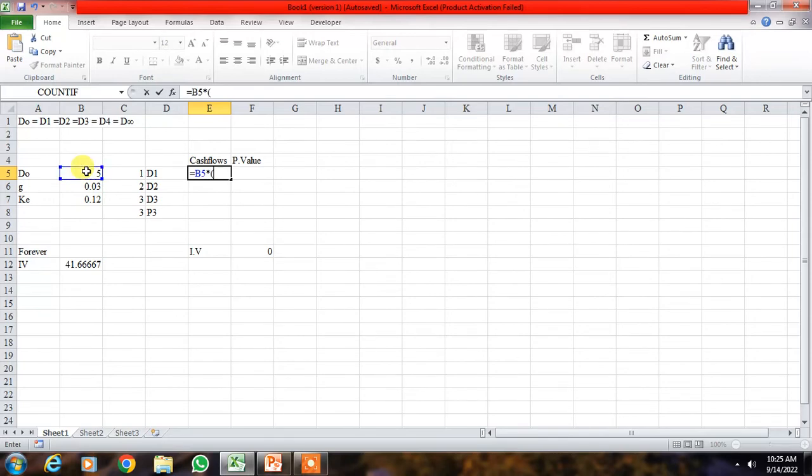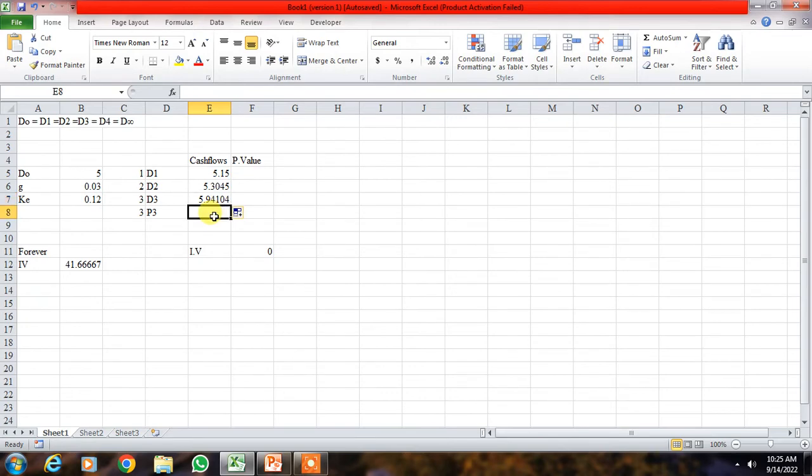We can find it like this way: 1 plus the growth rate of 3%. So this is your dividend 1. Now the second dividend at the end of the second year is D1 increased by 3%. And similarly, you can see that D3 will be a 3% increase in D2. So this way you find out the dividend 1, 2, 3.